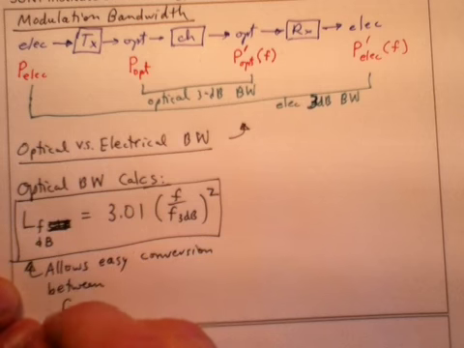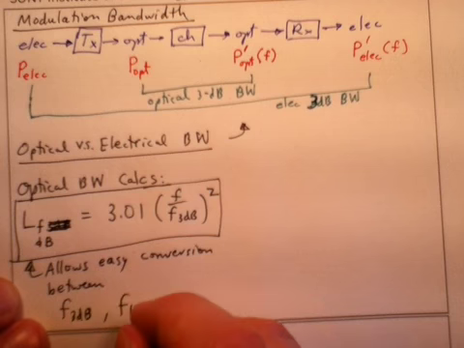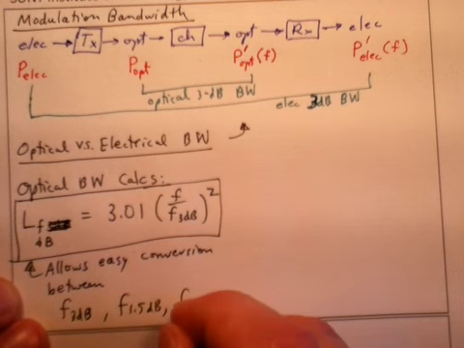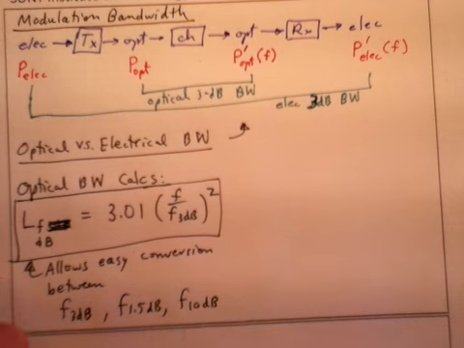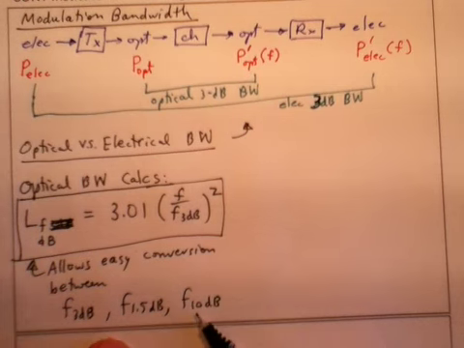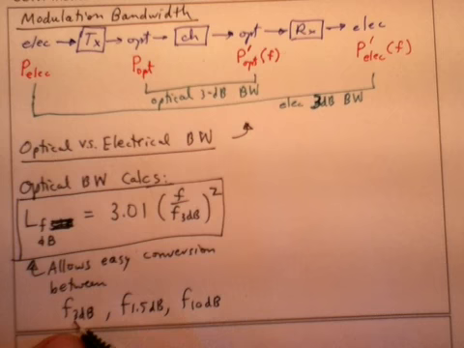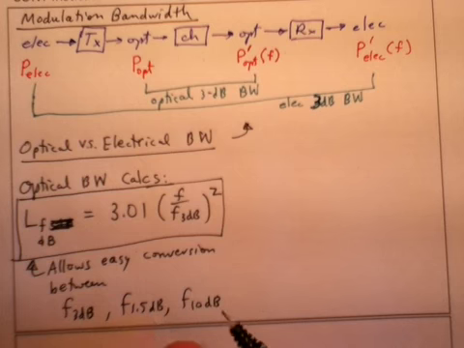F3 dB, F1.5 dB, F10 dB, whatever we want. We can characterize our system by asking ourselves at what frequency is the output 3 dB below the input. At what frequency does the output go to be 1.5 dB below the output or 10 dB below the output?